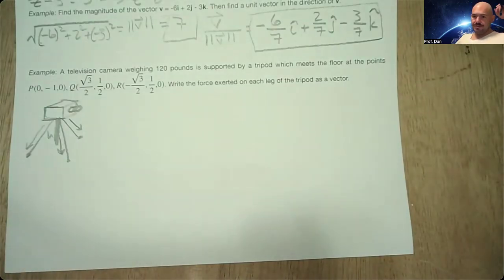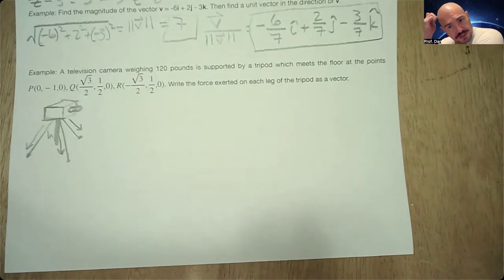So force. Remember in the last video I mentioned that one of the most important things you can do is read a question and figure out whether your answer is supposed to be a vector or a scalar. Force generally is a vector. The magnitude of that force would be a scalar, right?